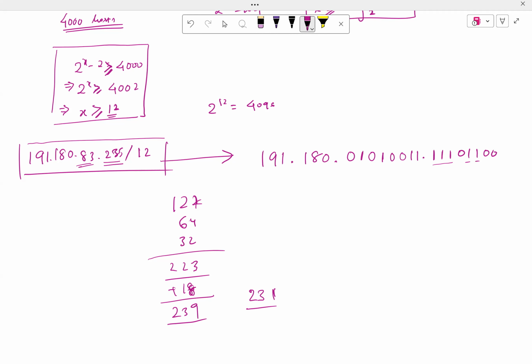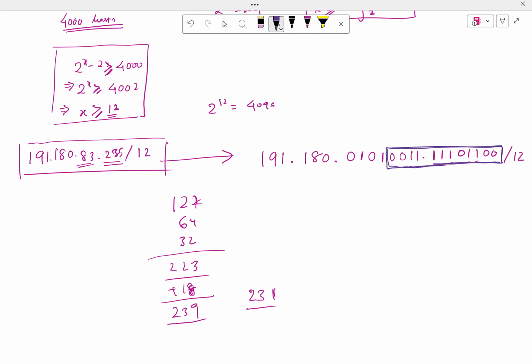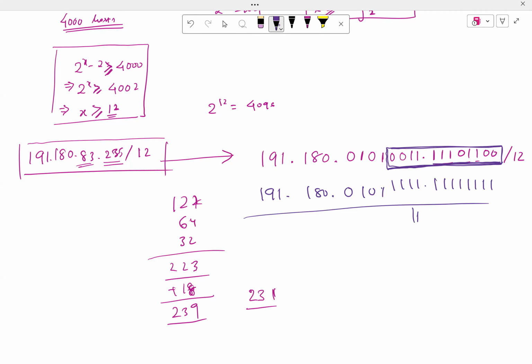So this is the address and /12. That means all of this 8 and all of this 4 bits, if you convert all of these to 1s and the rest are the same, you get 191.180 and so on. So this is your broadcast address.